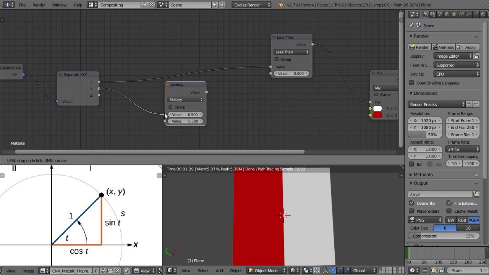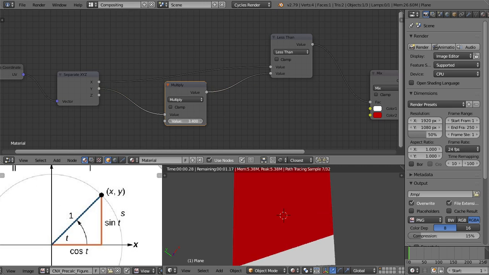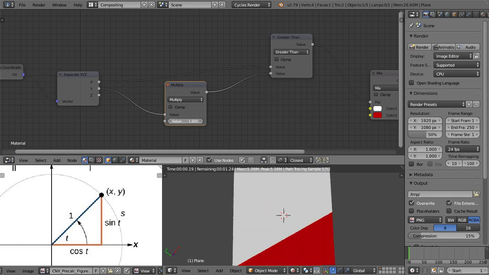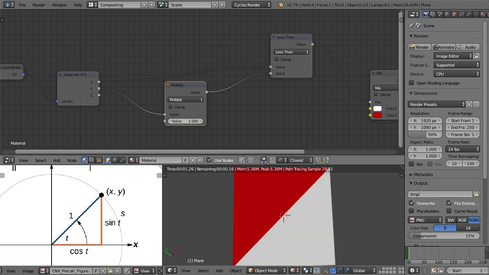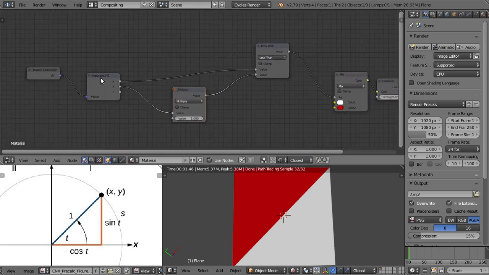And if we multiply y by a value, we can get, see that? If we do greater than. So when you're comparing x and y in this case, you're getting a slope. So when x is greater than y, it'll be red. If x is less than y, red. Like that. So that's a kind of slope function.